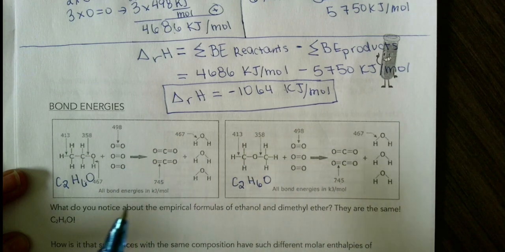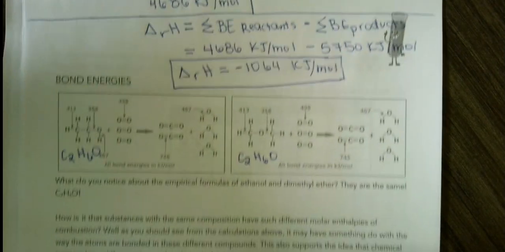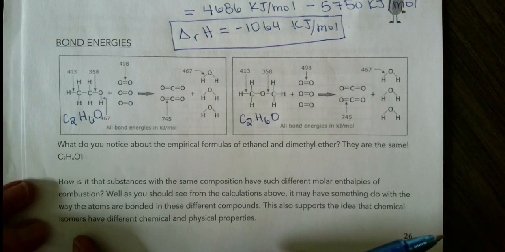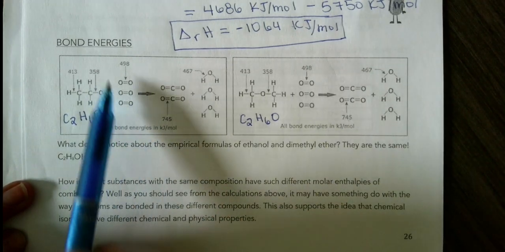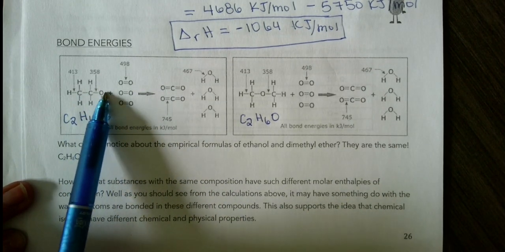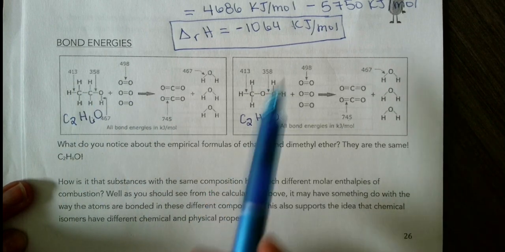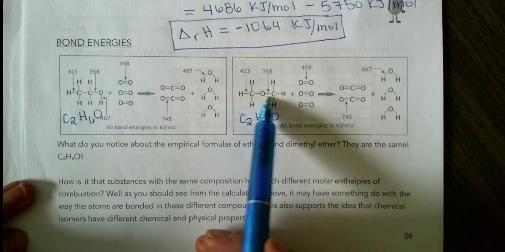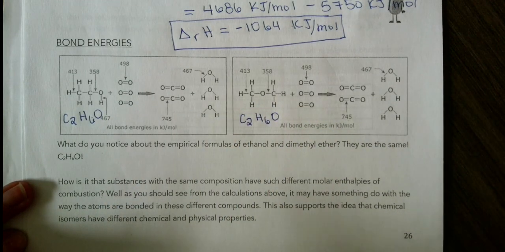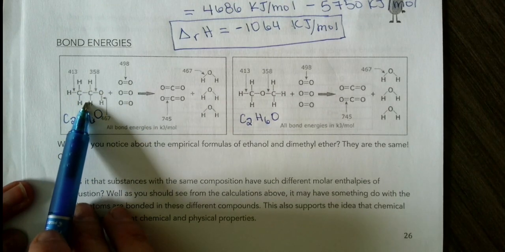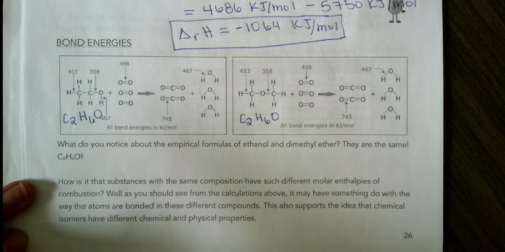So your values for the last 2 problems are different because the actual bonds that are formed are different. The OH bond here, if you remember from Chemistry 2202, hydrogen bonds are really strong. H to O is a hydrogen bond. Then right here, carbon to oxygen to carbon, that's not a very strong bond. So that's why this one had more energy than the other.